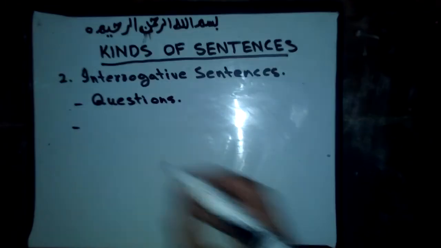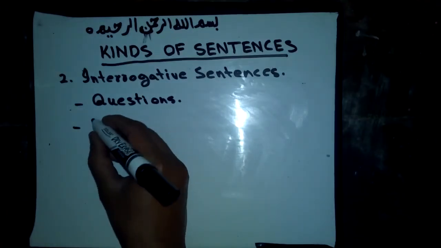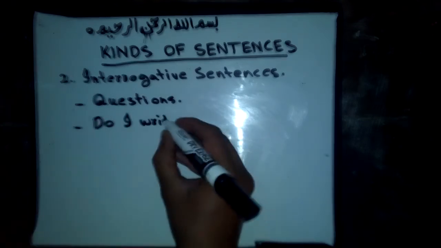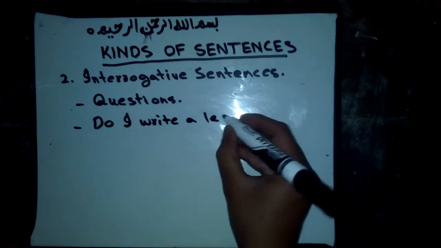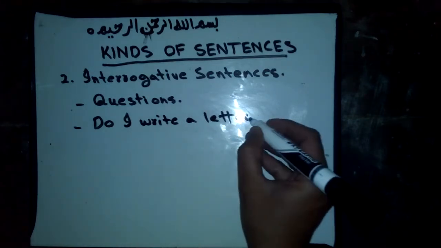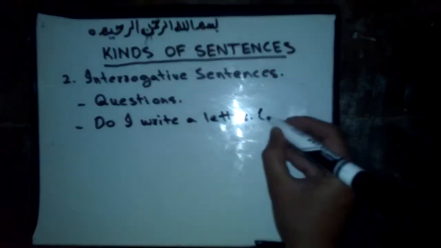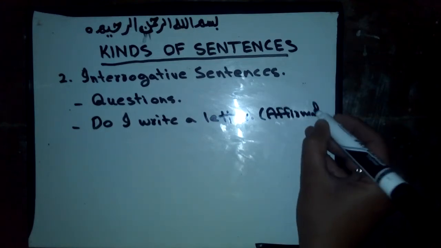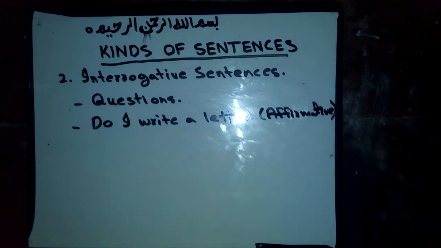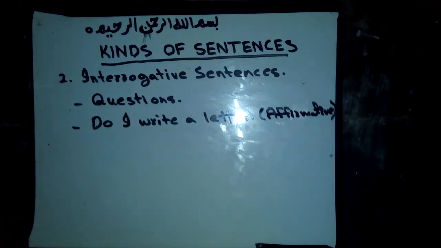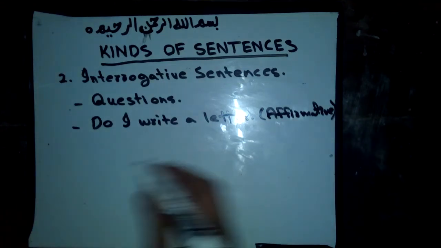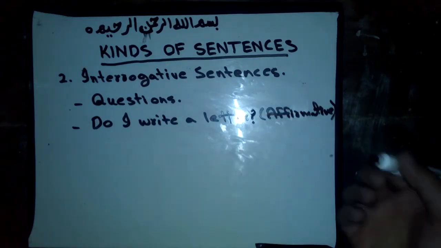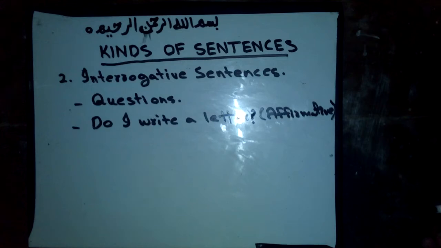For example, do I write a letter? It is its affirmative. You know, affirmative means positive sentence. We have to put question mark here because it is question and interrogative sentence.